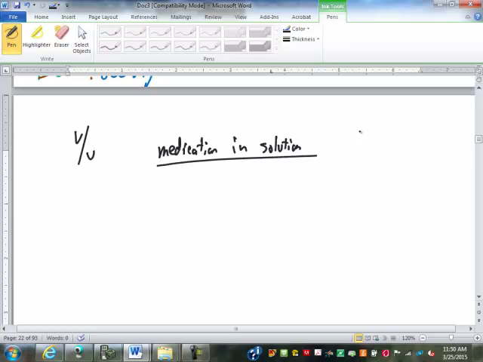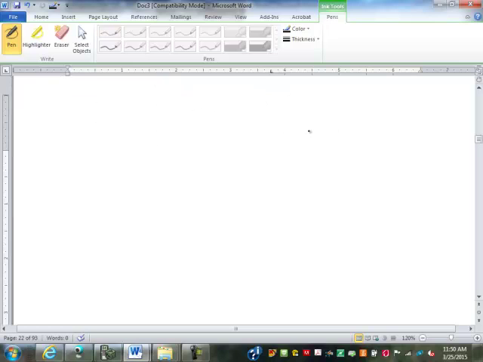So that means we're not really using a volume in volume calculation. We're using a dilution to dilute it down to a lower concentration. So the volume in volume, while a little bit more common than a weight in weight, still is not horribly popular. The most common concentration we look at is a weight in volume.